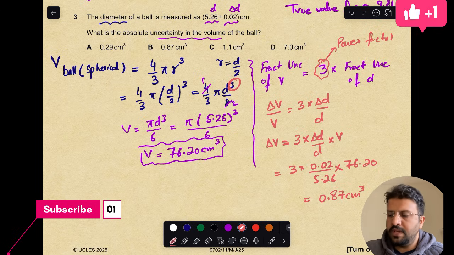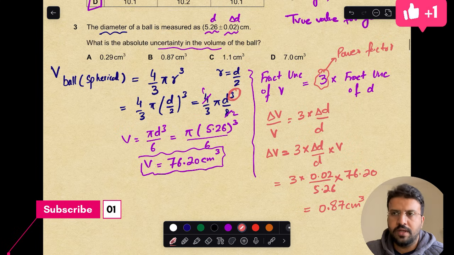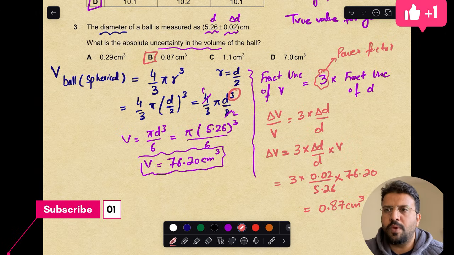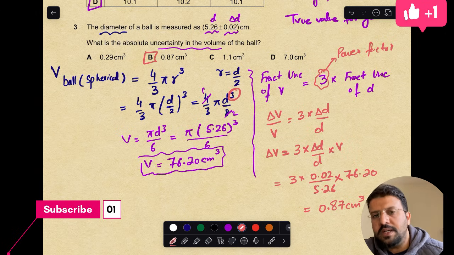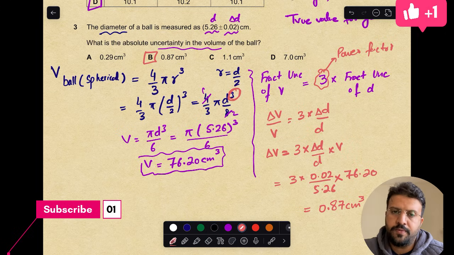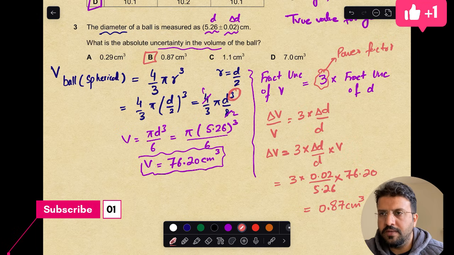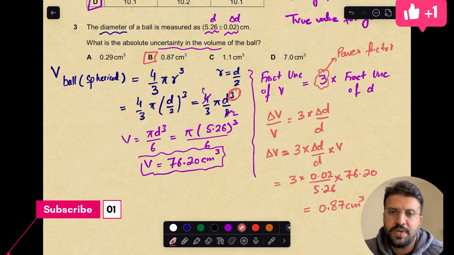Okay, so be careful with the calculation. Option B is the right answer. The common mistake is that most students choose option C because they find the percentage uncertainty instead of the fractional uncertainty. So C is the popular wrong answer. You have to be vigilant that you find the absolute uncertainty, not the percentage uncertainty.